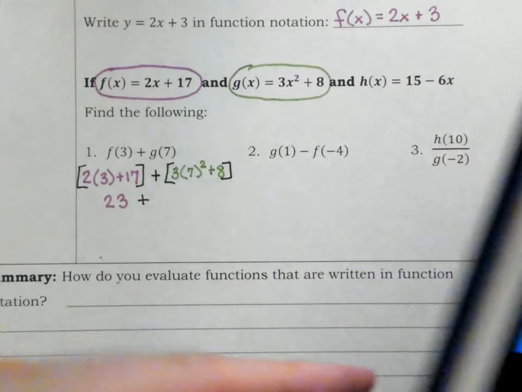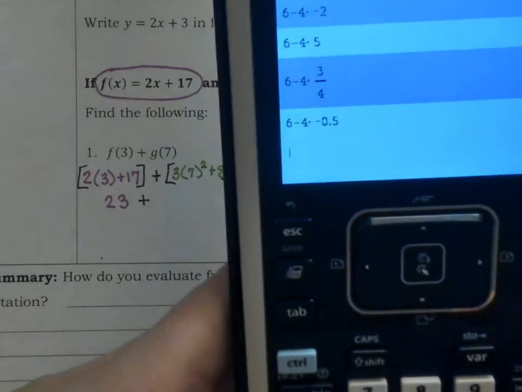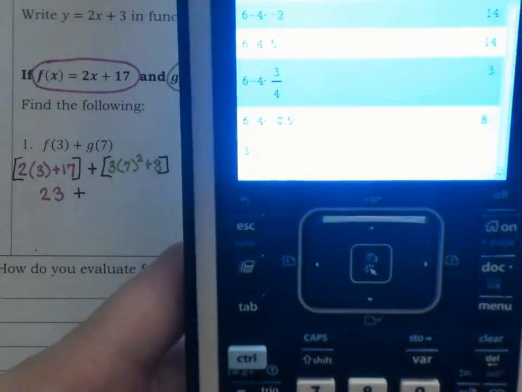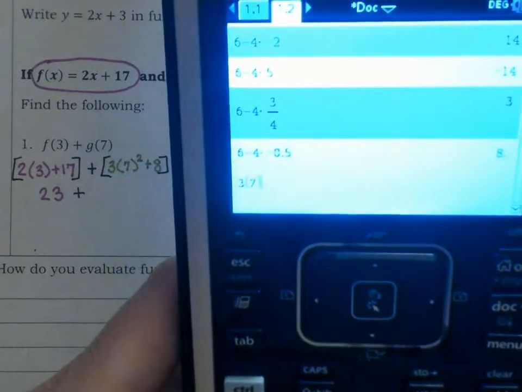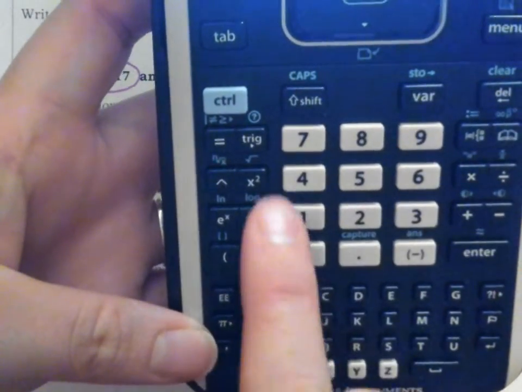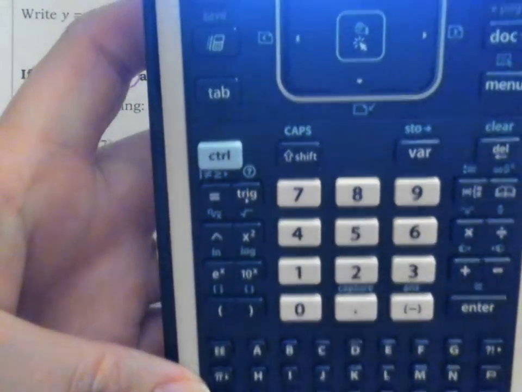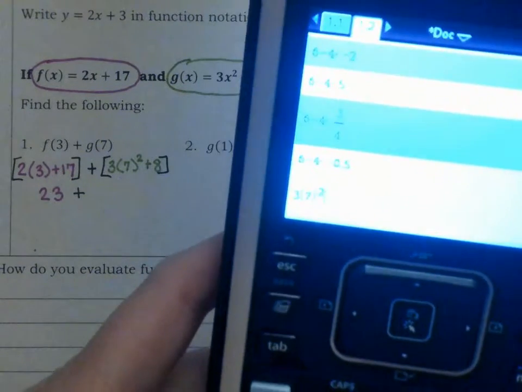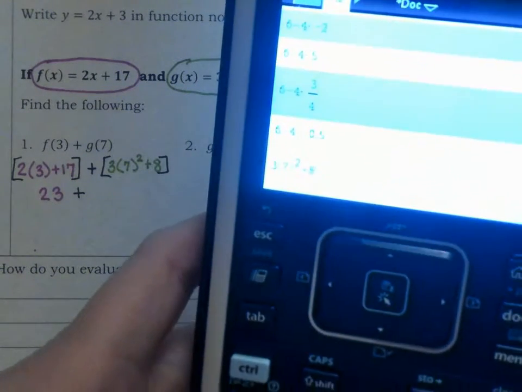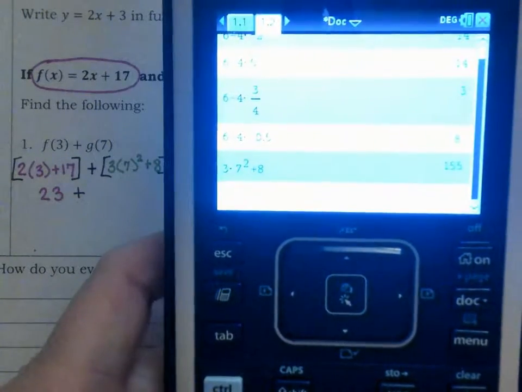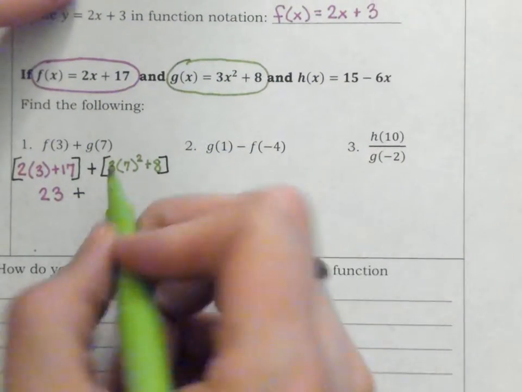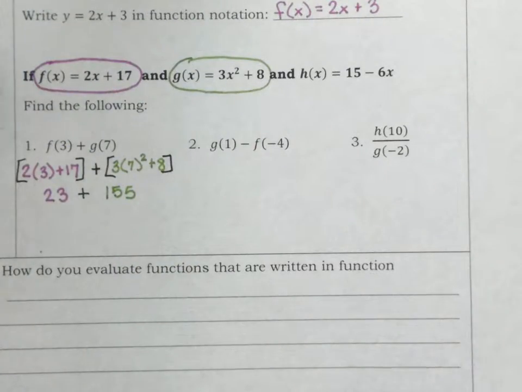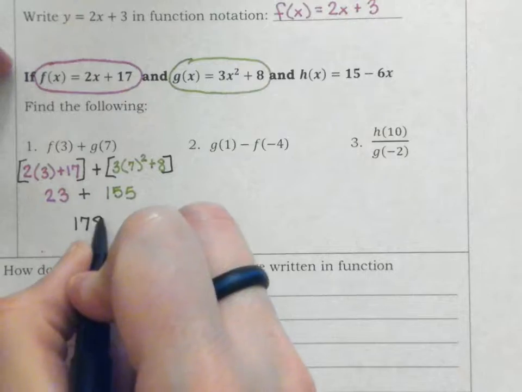And just in case you're not sure how to get to the squared part on the calculator, right here I'm going to type in 3 parentheses 7. And squared is this key right here. So you just need to push it and then you can keep going. 3 times 7 squared plus 8. And I get 155. And then if I add these two together, I get 178. So that's what we're looking for.